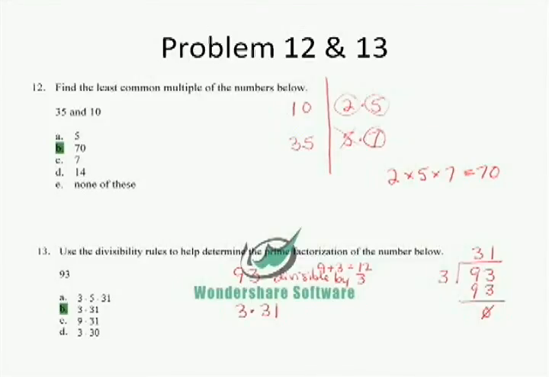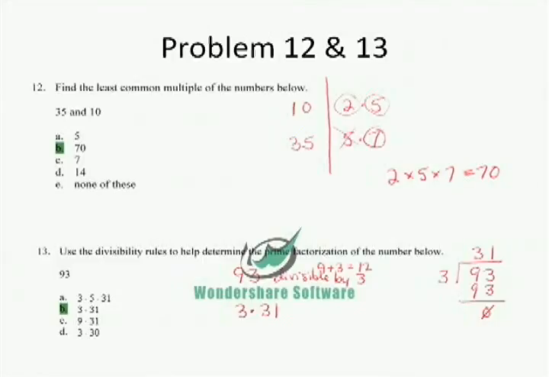But there is a concept called the checksum. This is something I learned way back in grade school, and I hope to get the point across to you either here on number 13 or at the end of the slideshow when we talk about the divisibility rules for 3. Basically, look at the number 93, 9 and 3.